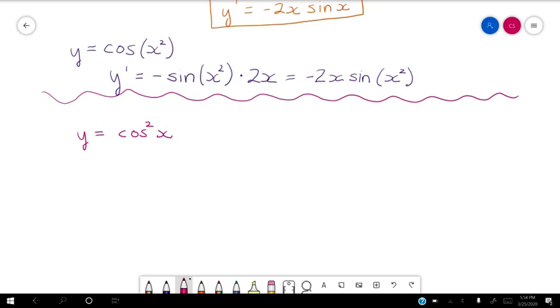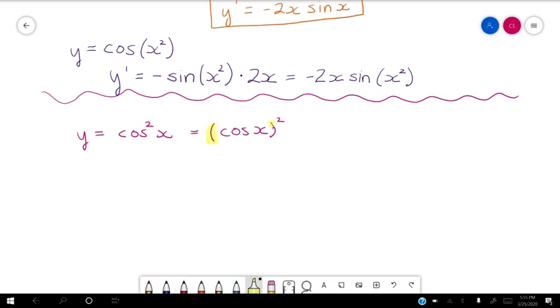All right, and a common mistake is to forget that cosine squared of x is really just telling us to square cosine. It's just a shorthand way of writing cosine x all squared. When we write it like that, we can see that it's actually a function composition, right? What's the outside function?